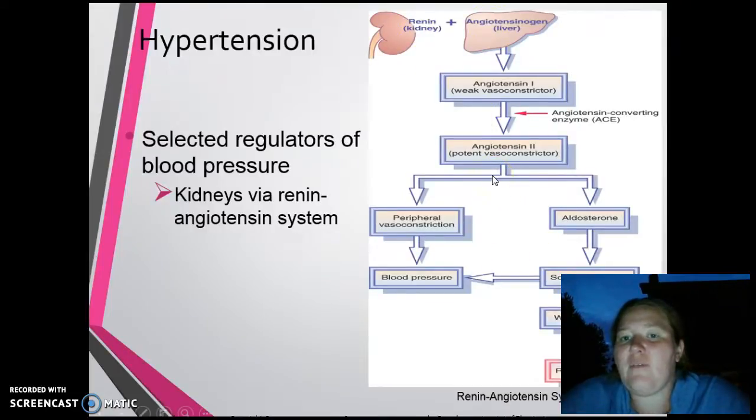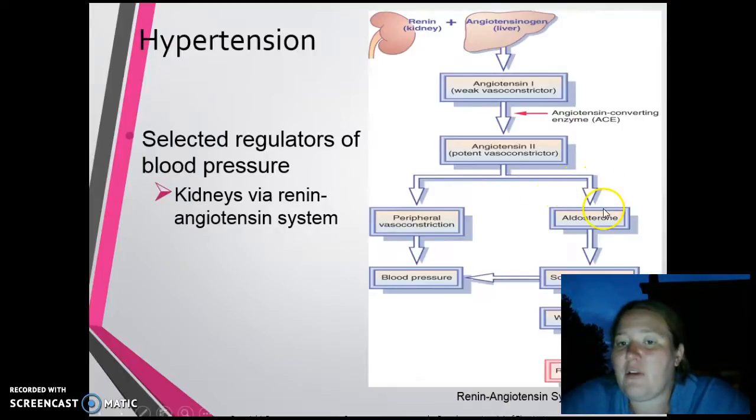Angiotensin 1 is a weak vasoconstrictor. So if I've got a weak vasoconstrictor, then as you see, angiotensin converting enzyme comes in here to combine with angiotensin 1, and then it creates angiotensin 2, a potent vasoconstrictor. That's going to cause peripheral vasoconstriction and then increased blood pressure.